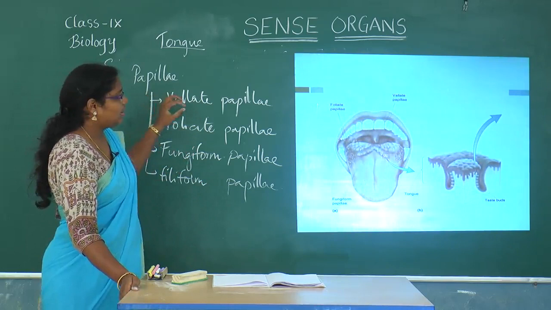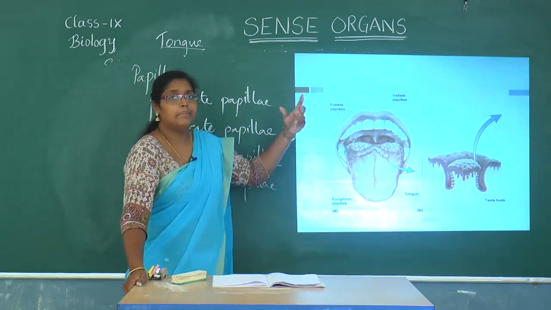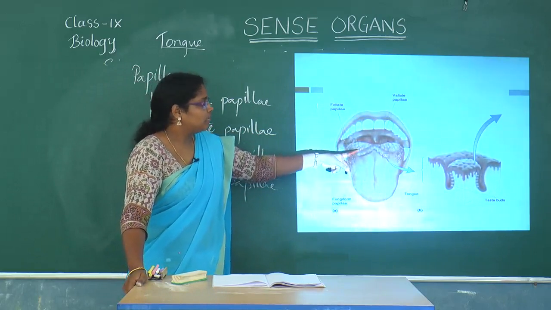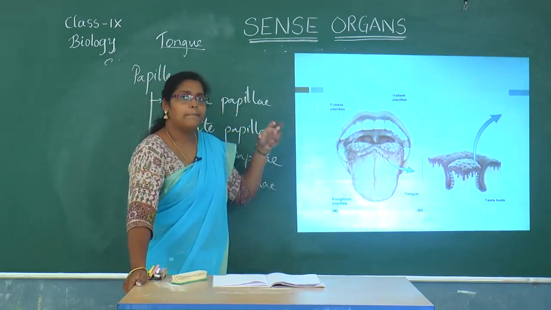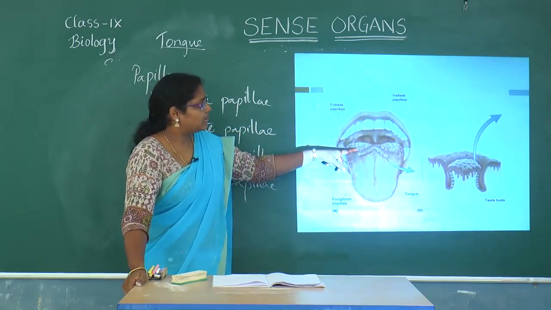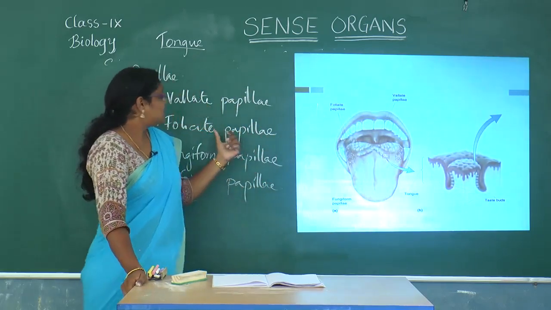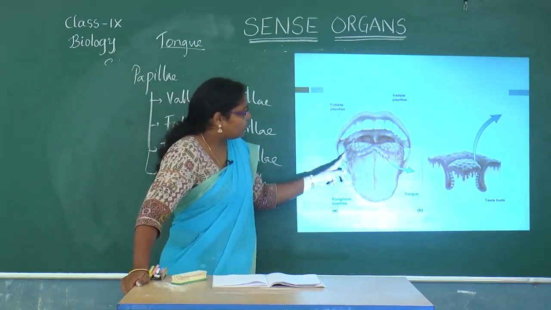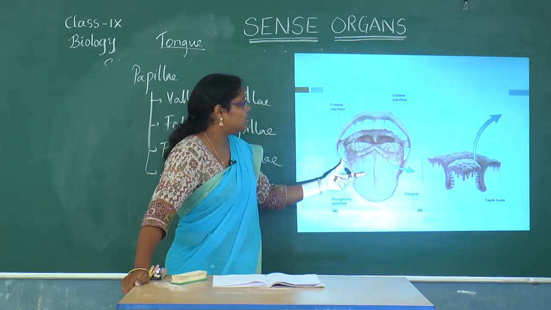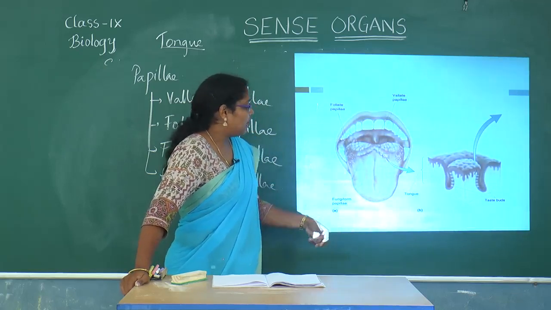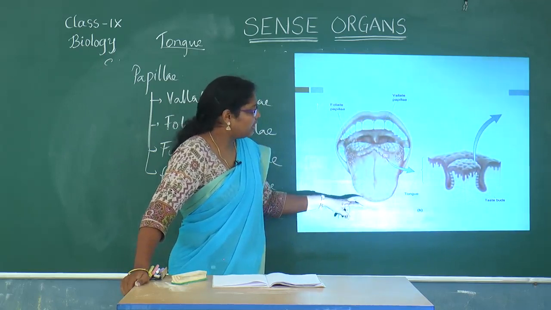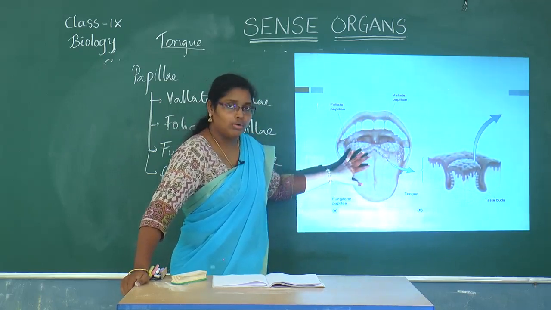Here, vallate papillae are at the posterior part of the tongue, behind the tongue. These outgrowths are bigger in size. Next, the foliate papillae are towards the sides of the tongue, and the fungiform papillae are all over the tongue.